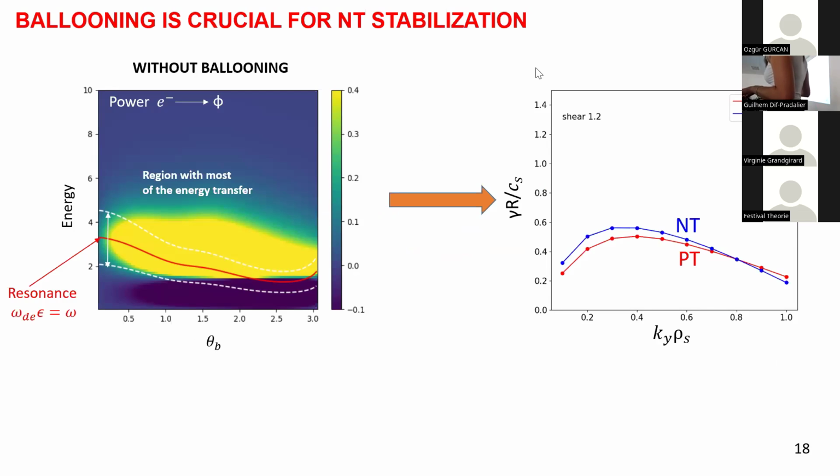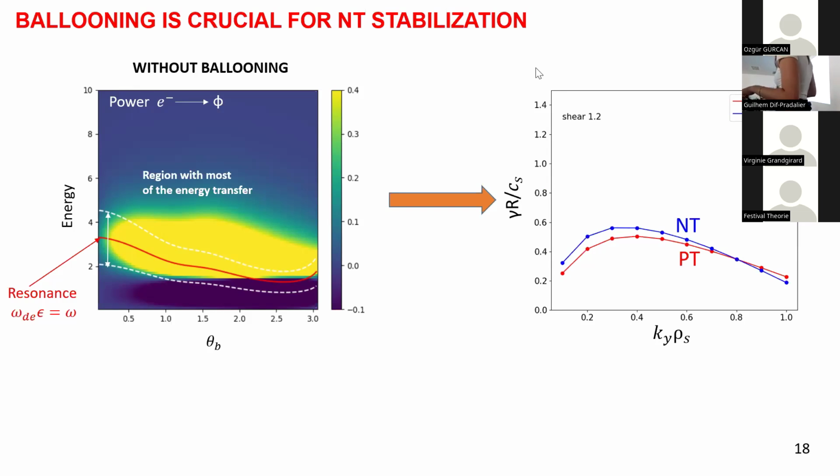In particular, if we plot the power given by the electrons to the electrostatic field, so the power feeding the instability, as a function of the energy of the particles and of the bouncing angle theta b, where the positive one, the yellow one, means that the electrons are giving energy to the instability, we see that without ballooning, this energy is spread all along the bouncing angle. And in this case, what we found with the analytical model is that negative triangularity is more unstable with respect to positive one.